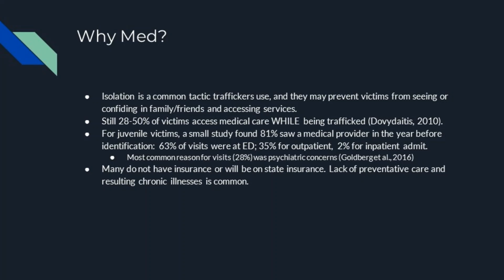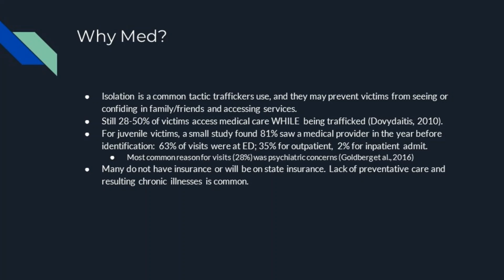And then another thing to note is that many of these victims may not have insurance or might be on Medicaid, and they could be suffering from a lack of preventative care, either because they're prevented from accessing help by an abuser or due to poverty and other factors that might prohibit them from being able to fully take care of themselves.